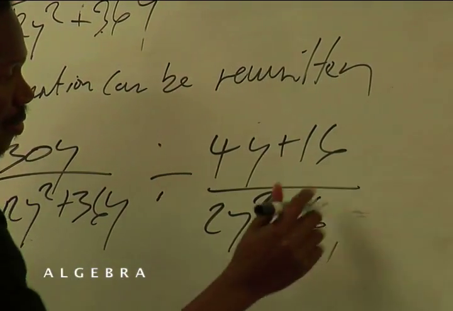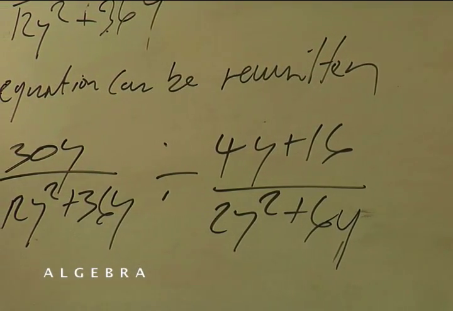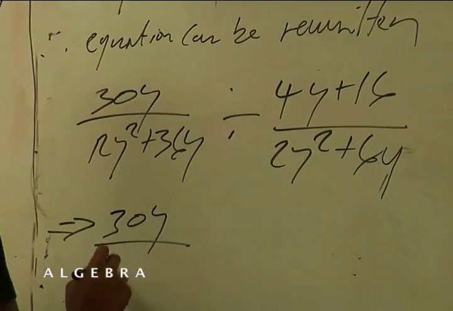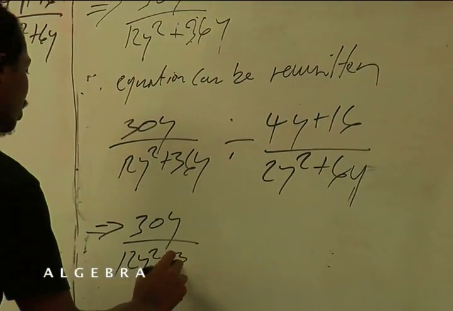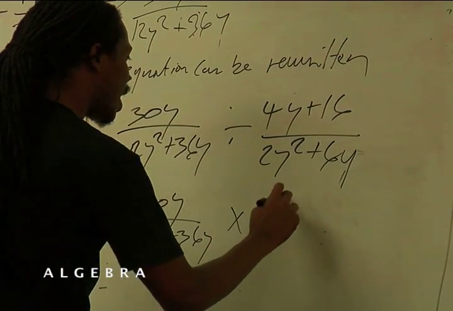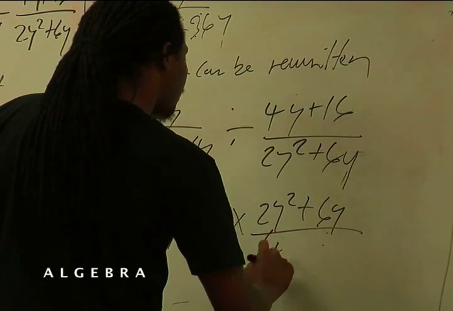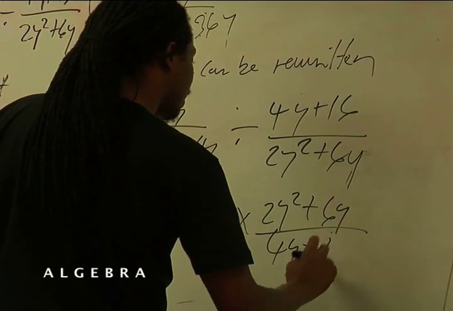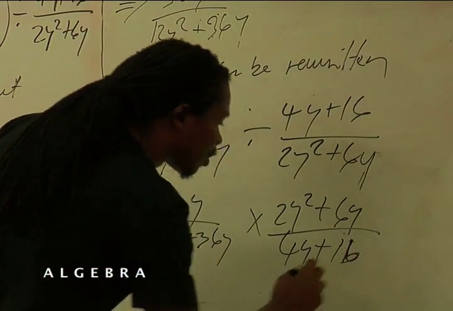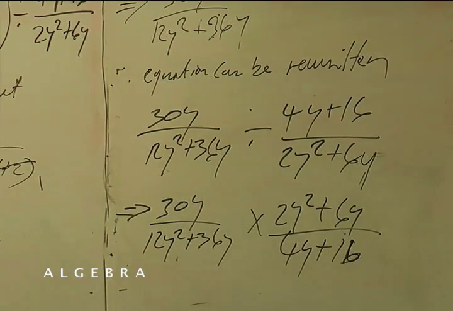You see that? This implies 30y over 12y squared plus 36y, times 2y squared plus 6y over 4y plus 16. See that? I'm going to factorize again.